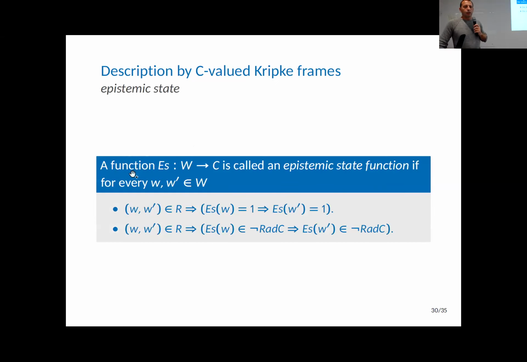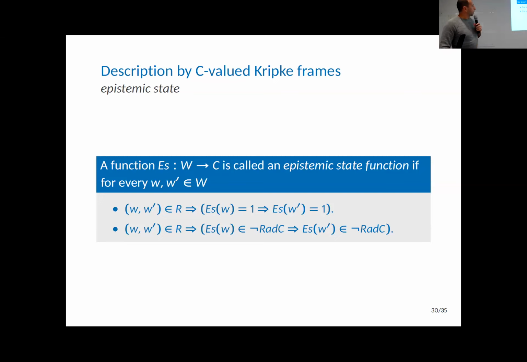And one type of function, a function from this set of possible worlds to C, we call an epistemic state function if it preserves the following statements.